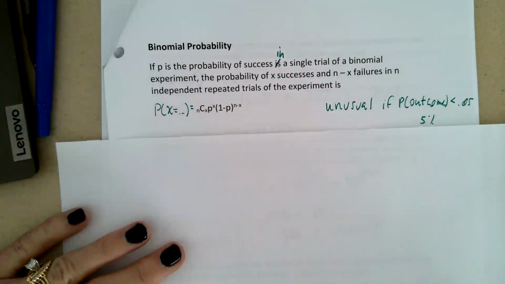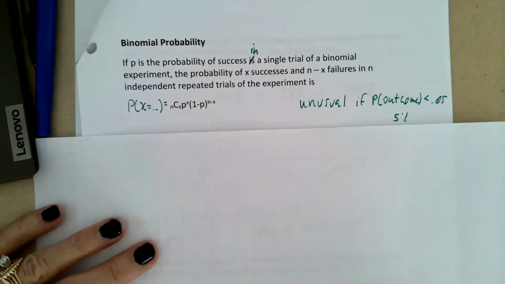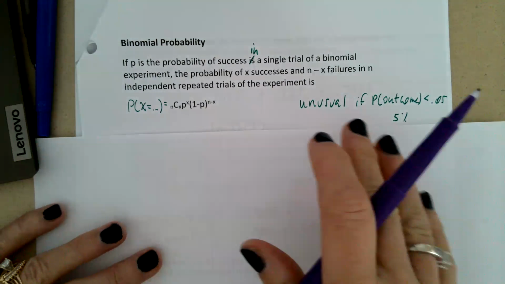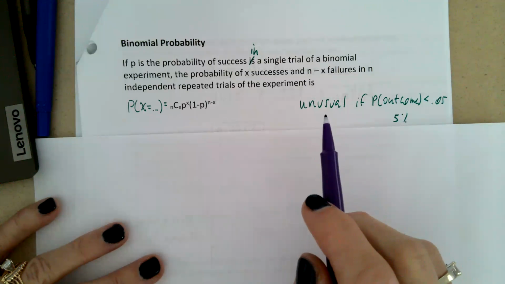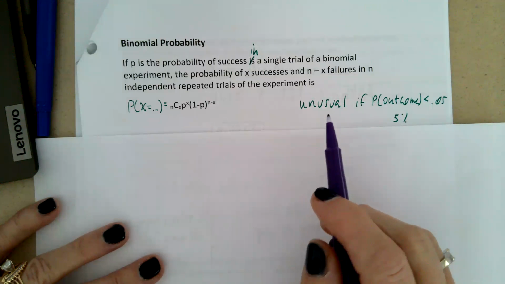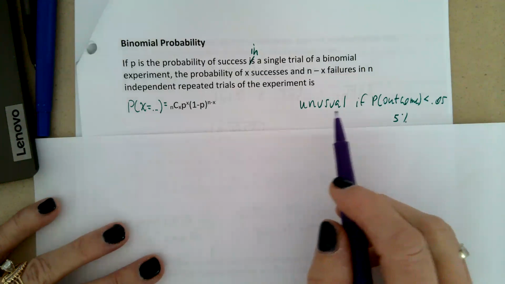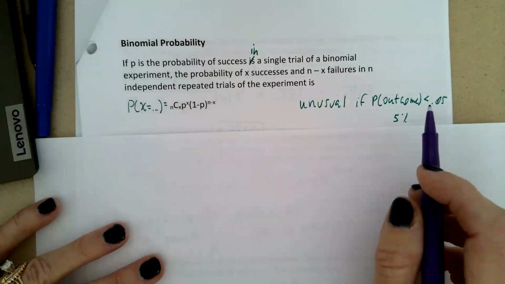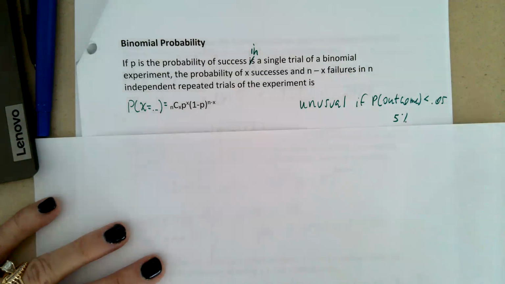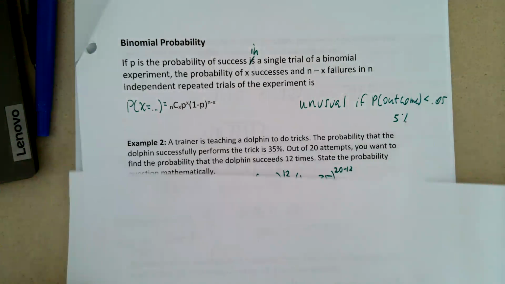And we're going to learn this mainly in chapter 10, but it's never too early to start talking about what would be considered an unusual probability. I mentioned it in 9.3, but an unusual probability is a probability less than 5% or 0.05. So it's something to keep in mind as we're working along.